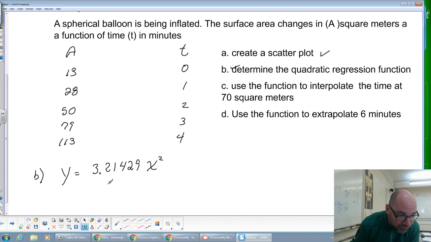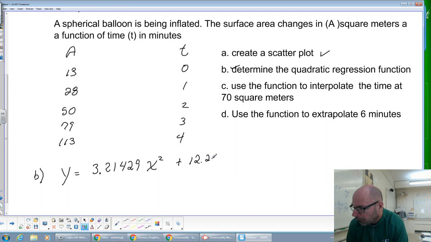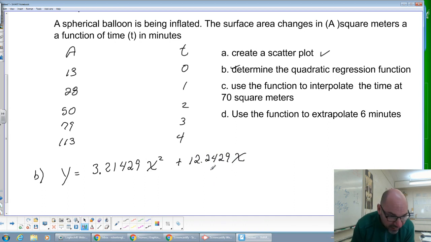Okay, and then it says b is 12.2429, plus 12.2429x. Okay, and then it says, I got to take my glasses off, I got bad eyes, 12.8286. Okay, and they're all positives.